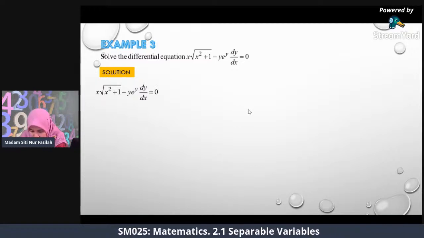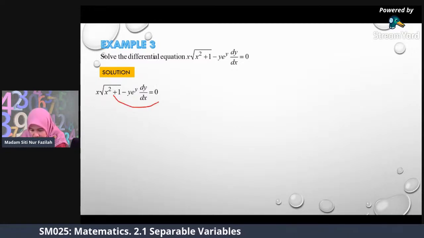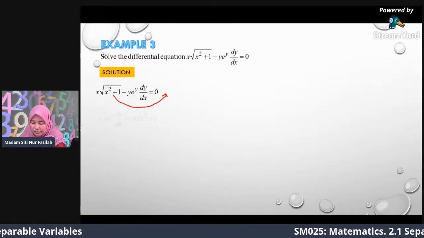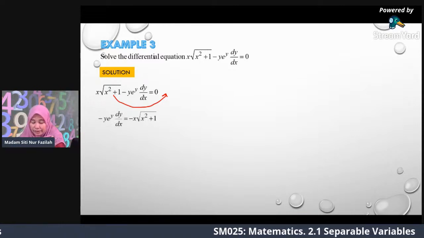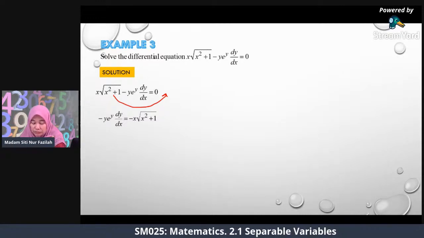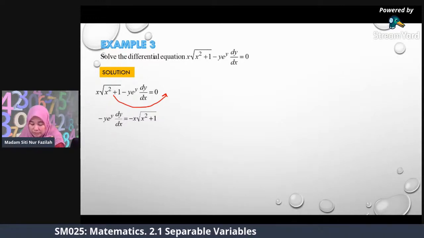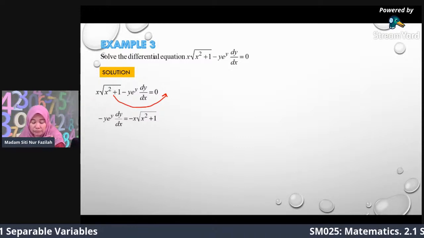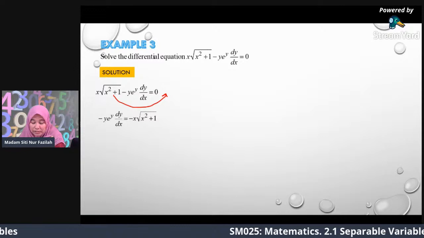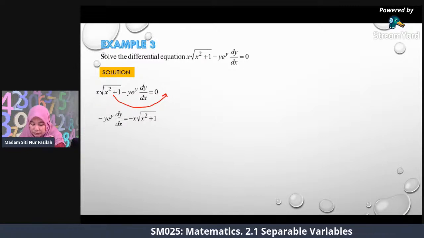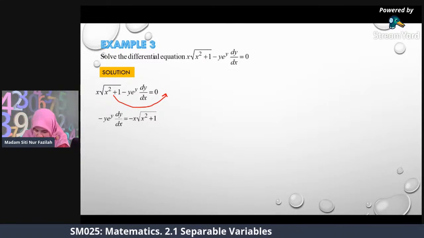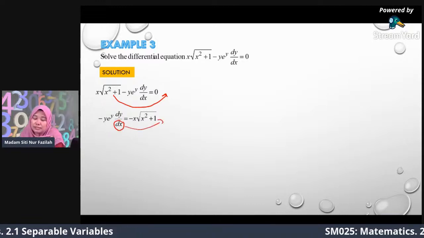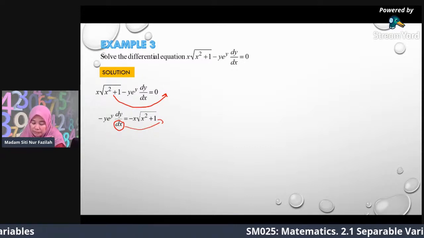We try to bring the first term to the right side. That's why we can get negative y e^y dy/dx equal negative x√(x² + 1). Then don't forget to bring dx, which means we need to multiply by dx on both sides.